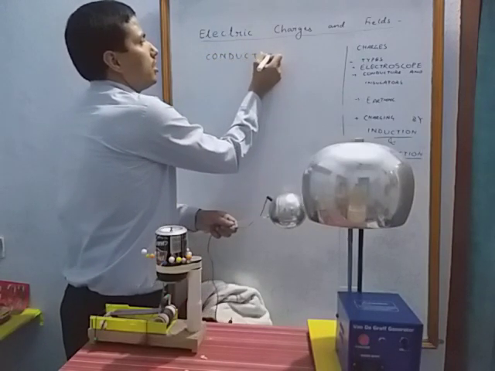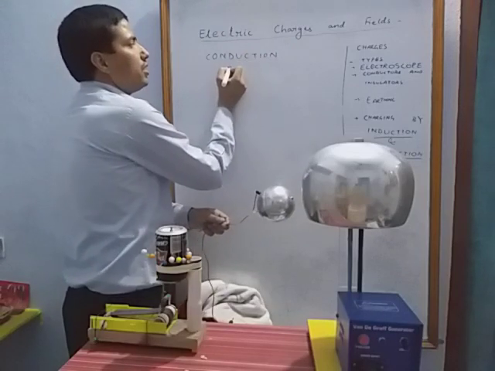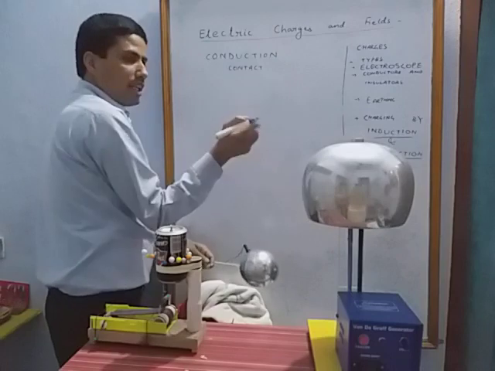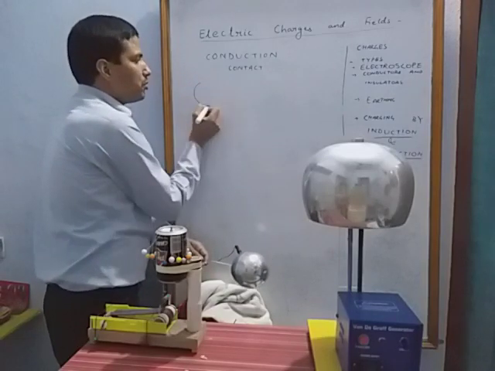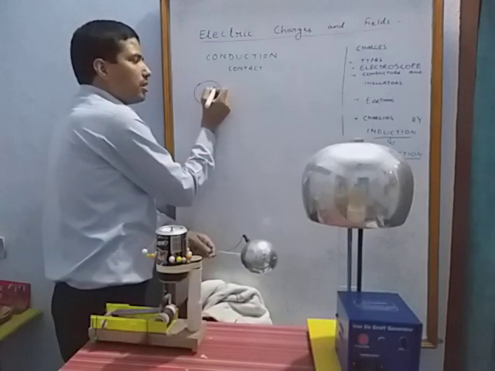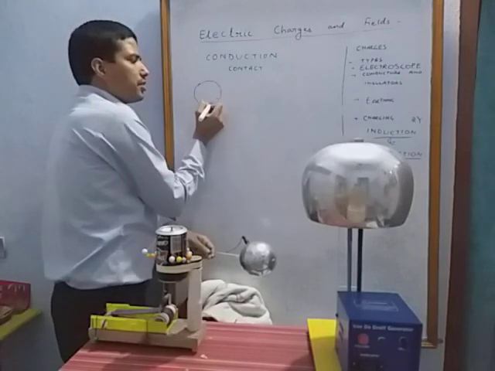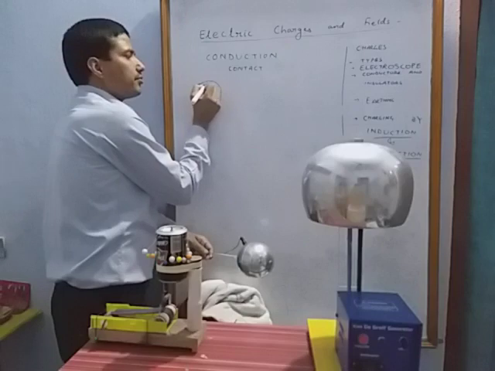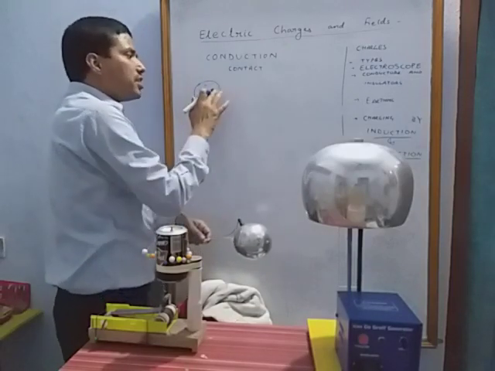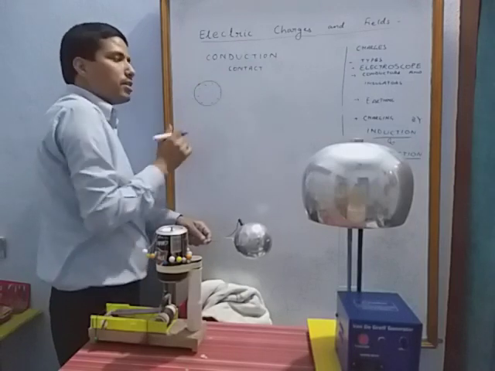Conduction is called charging by contact. So here, as I showed you, there is a spherical metal. Suppose it is negatively charged. The charges, of course, you will learn afterwards, reside on the outer surface of the metal.